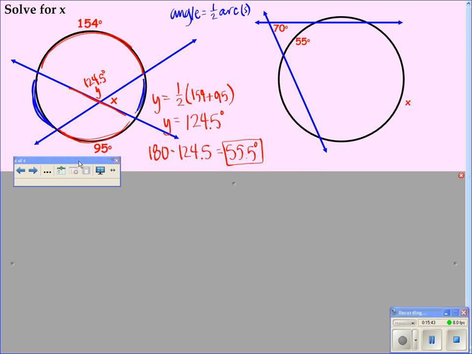This one right here. Are we going to be adding or subtracting on this one? All right. So we've got angle. What's our angle? 70. And then we have arc and arc. So what is the order? 55 plus x, or x minus 55. X, the big one, minus the small one. What should we do?